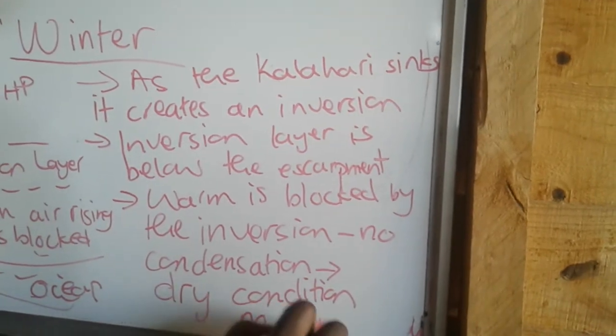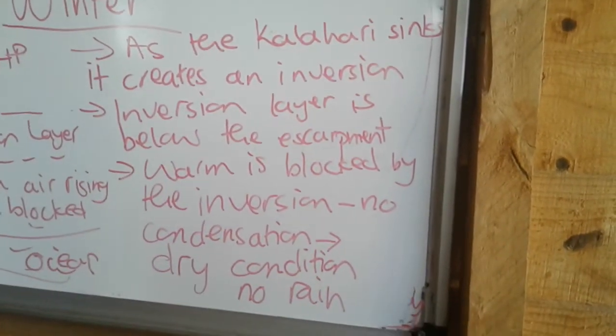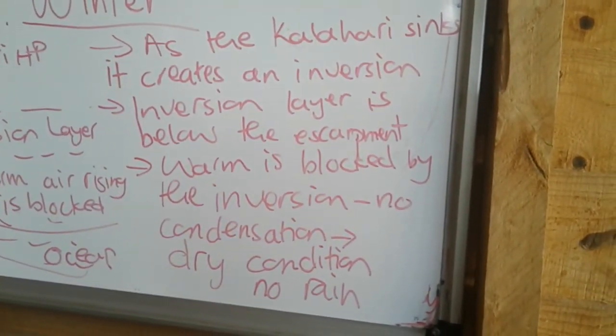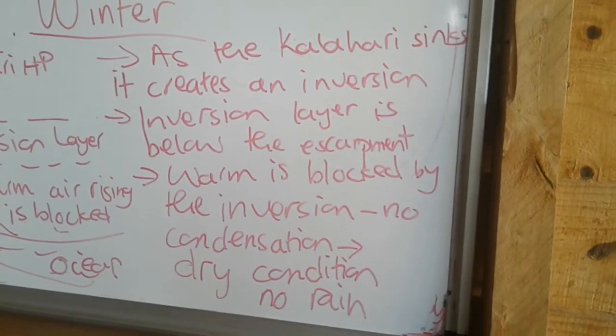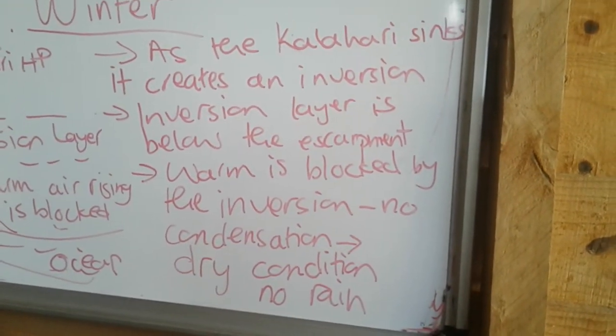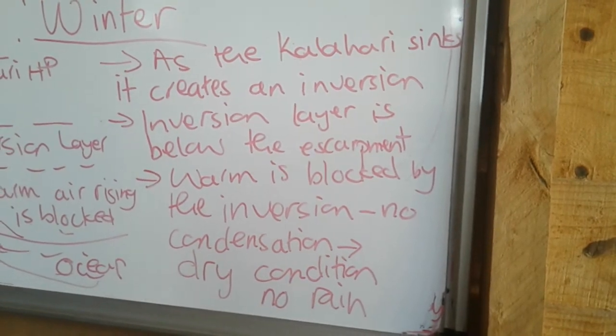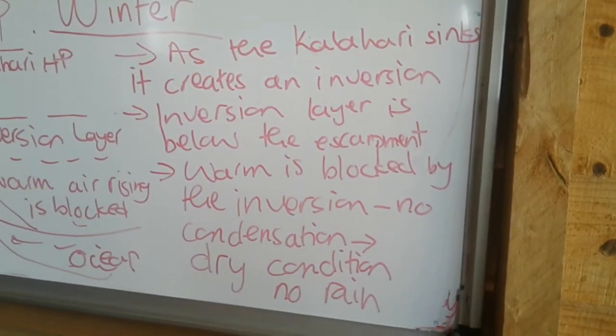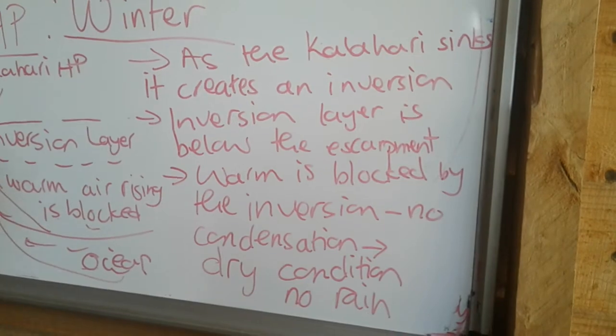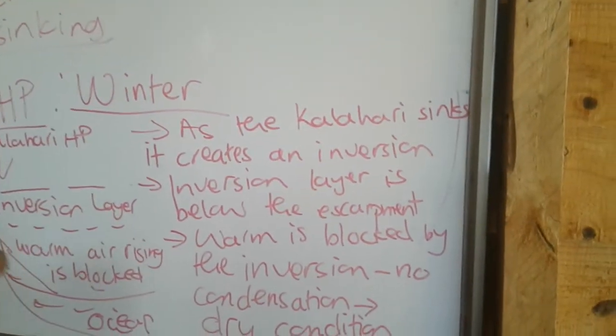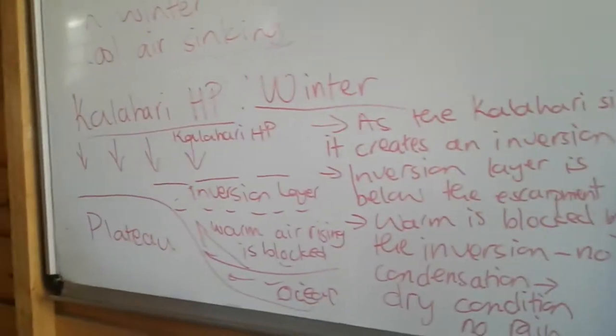No rain within this particular region. So no moisture is able to rise. Only dry conditions are experienced because of this. So this is very important, and in examinations at times you might be asked to explain with the aid of the diagram.